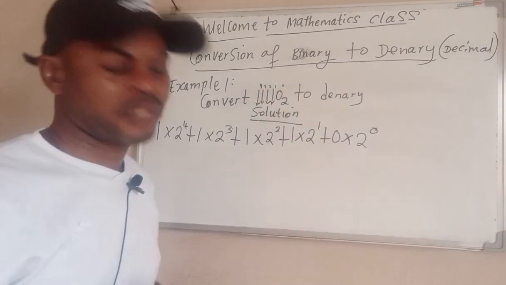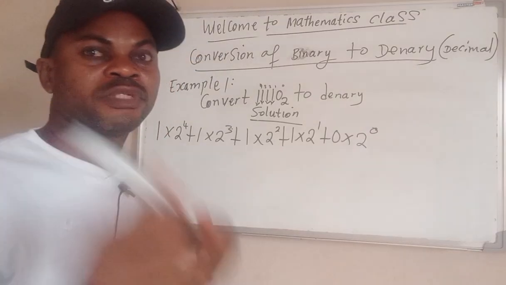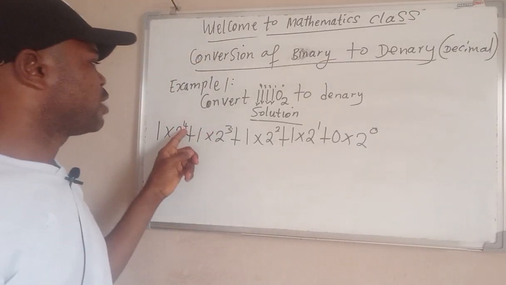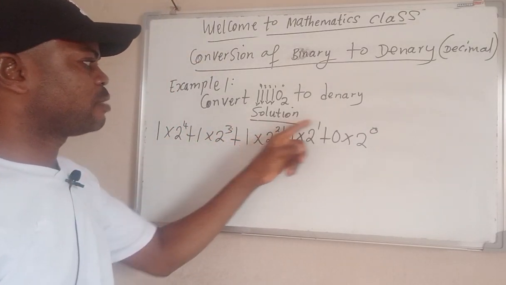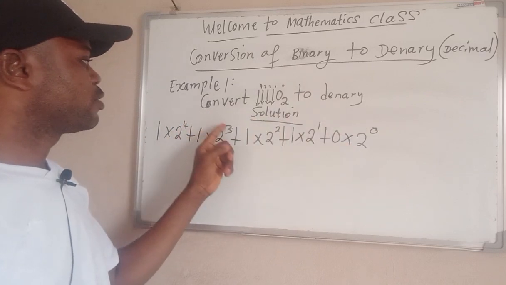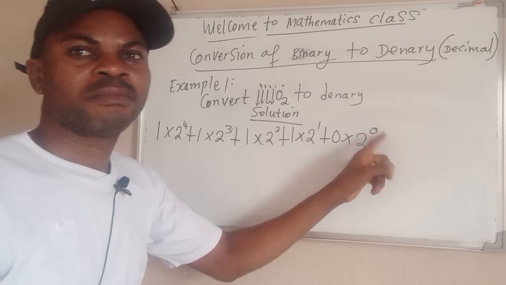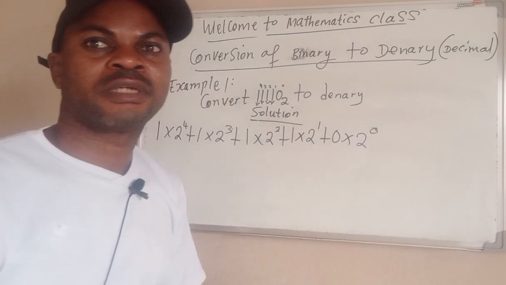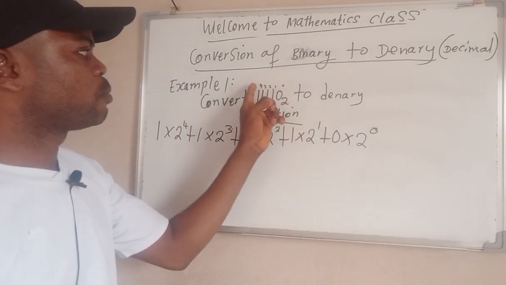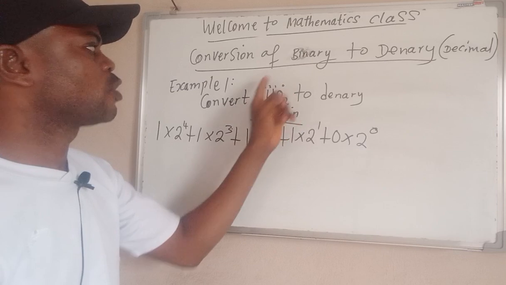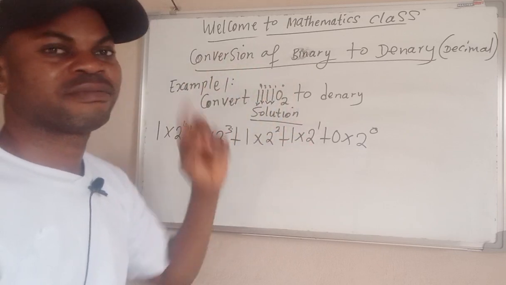Now let's observe something here. A close observation will tell you that these powers were decreasing one step at a time: 4, 3, 2, 1, and 0. It must continue decreasing one step at a time like that, and it must correspond with the initial powers you wrote on top of the digits you're given.